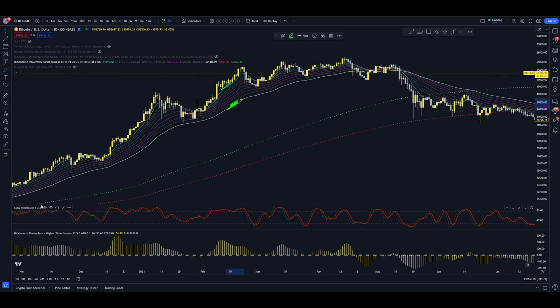Okay, a slow stochastic. And if you guys want to know the actual settings for this, I use 5-3-3. 5 being the length, smooth K percentage 3, smooth D percentage 3. Again, I'm not going to go into the whole details of how this is calculated. Essentially, this is just determining how smooth the stochastic is going to be.